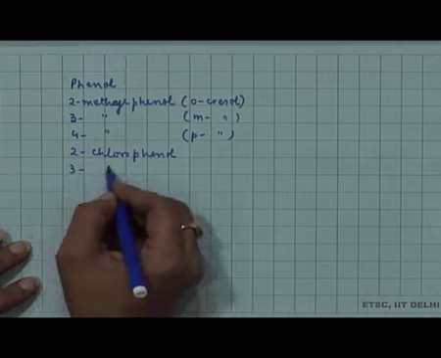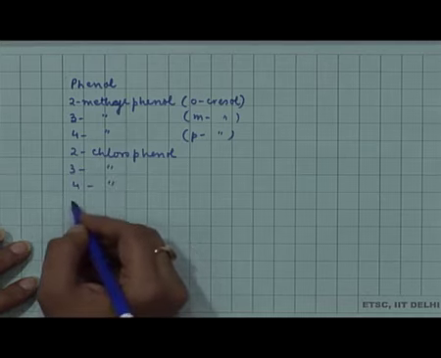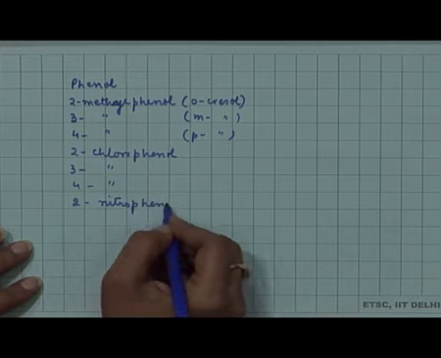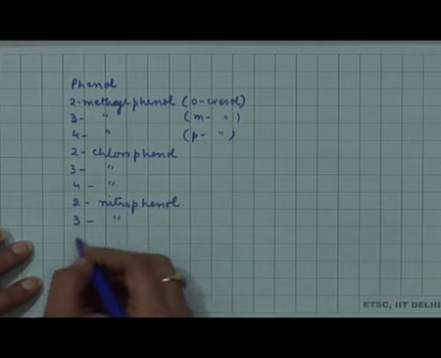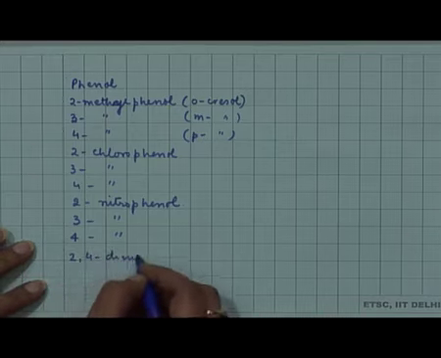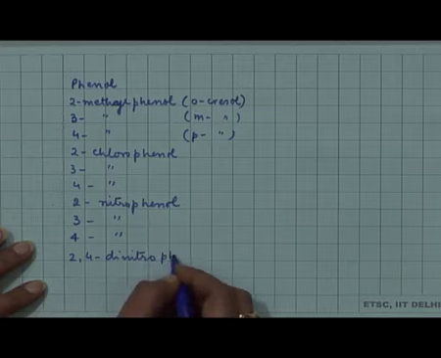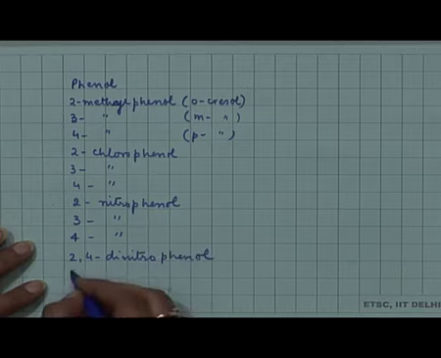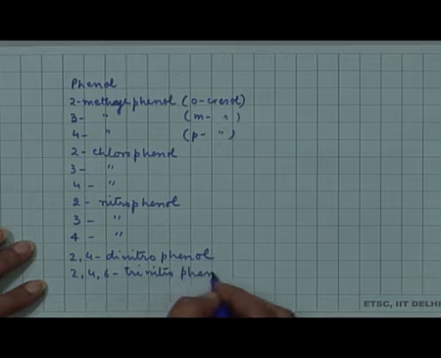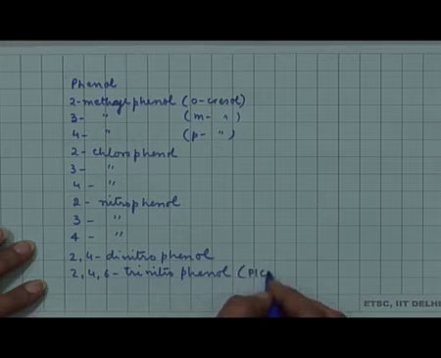a 3-chlorophenol, a 4-chlorophenol, a 2-nitrophenol, a 3-nitrophenol, a 4-nitrophenol, or if you have di-substituted, a 2,4-dinitrophenol or a tri-substituted 2,4,6-trinitrophenol, which has the common name picric acid.